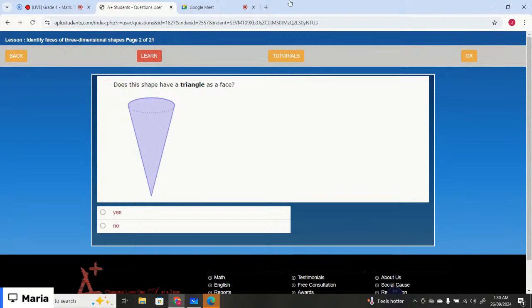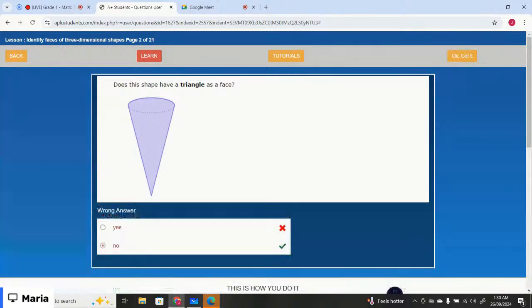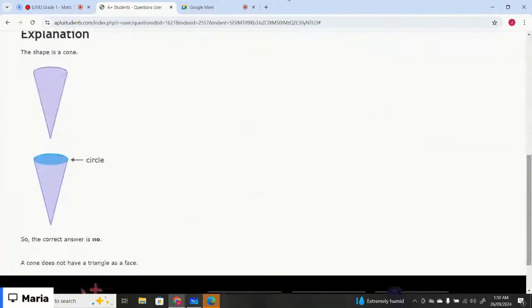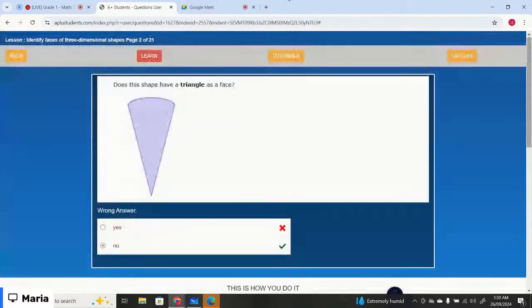Yes, it is. The correct option is yes. Okay, no, the shape has no faces as a triangle.